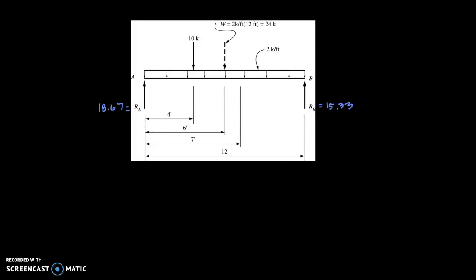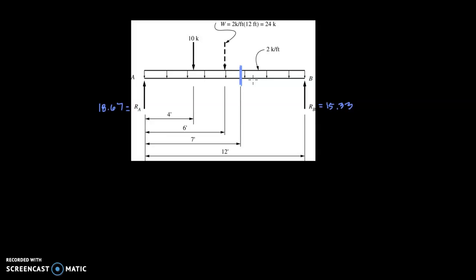This time I've got the reaction forces labeled on it. And so if I want to find the amount of internal shear in this beam at this point right here, what I basically need to do is cut the beam right at this plane, and then treat whichever half of the beam I choose as a free body diagram.